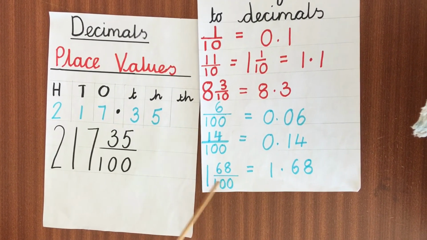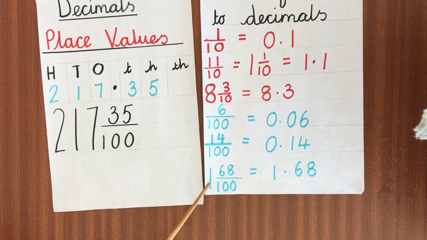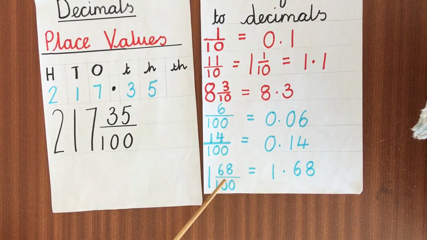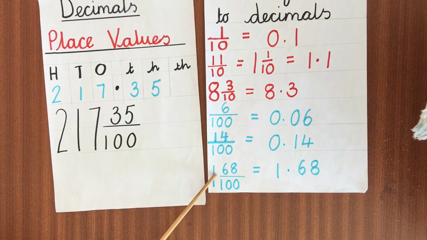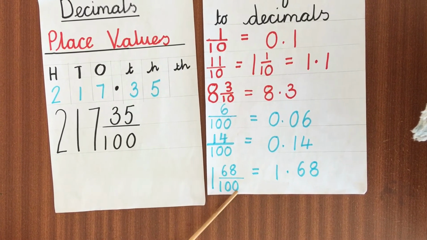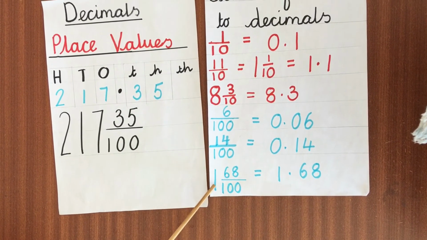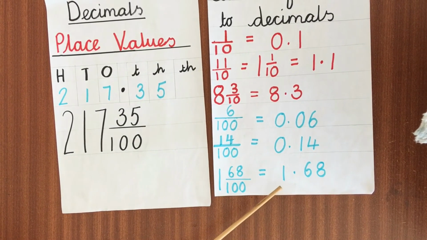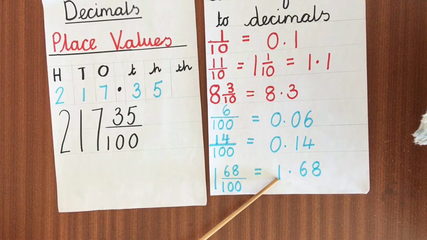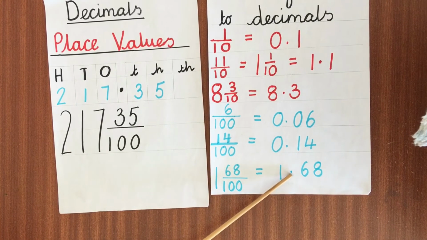Now we look at the last example where there's a whole number and a proper fraction: 1 and 68 hundredths. 1 is a whole number, so it will take the value of the ones. Then place the point.